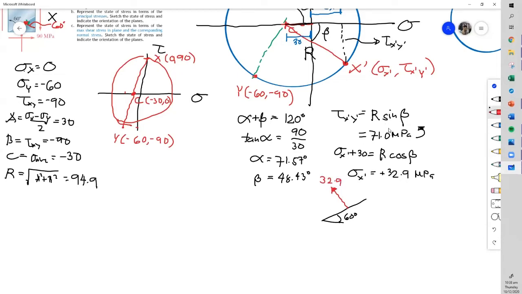And then your tau must cause a counterclockwise. So, either pag ganun lang naman yan or pag ganun, since counterclockwise siya, so pababa. Ganyan. Which is 71.0. So, this is now your normal and shear stress on the inclined plane. Okay? May question po ba? Question?